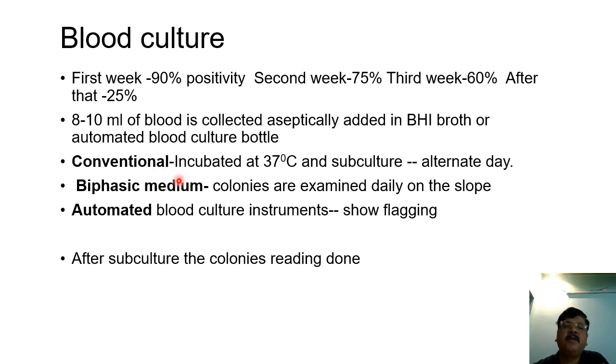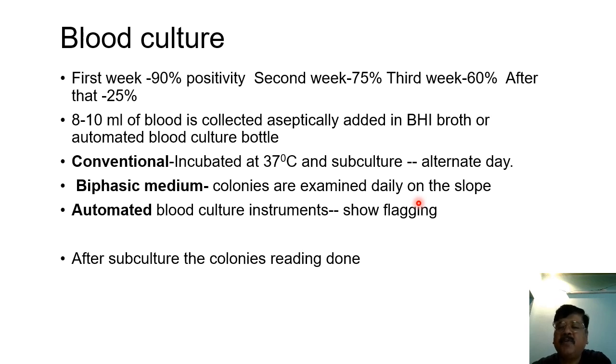Then the conventional blood culture bottles are incubated at 37 degrees Celsius, and they are subcultured on alternate days till the appearance of colonies, incubated for 1 week. Then in biphasic medium, the colonies are examined daily on the slope.